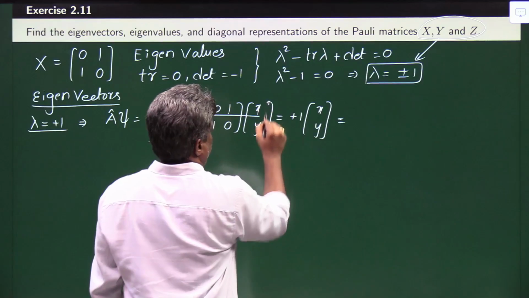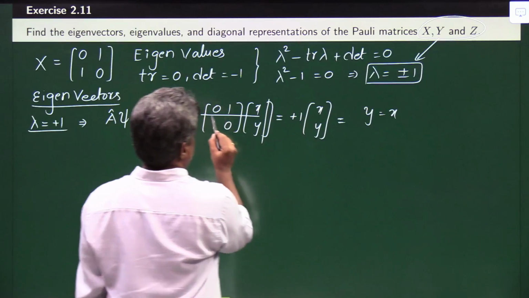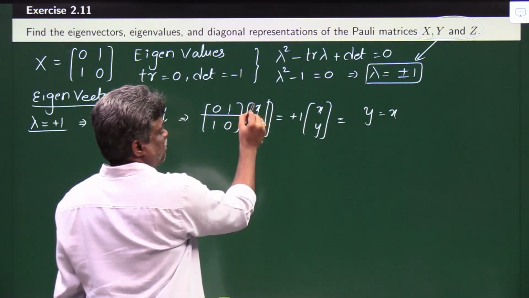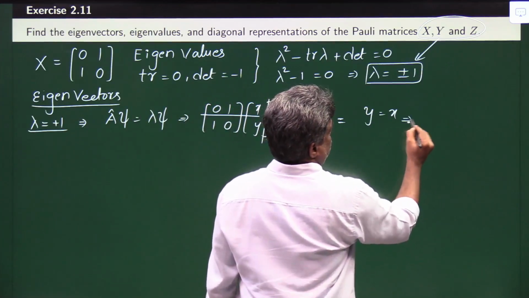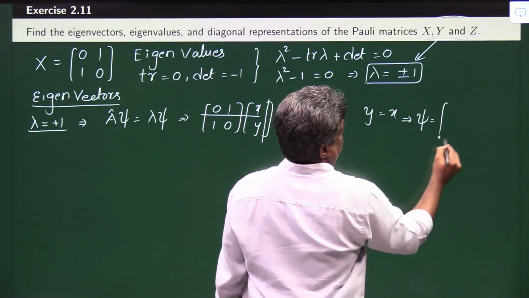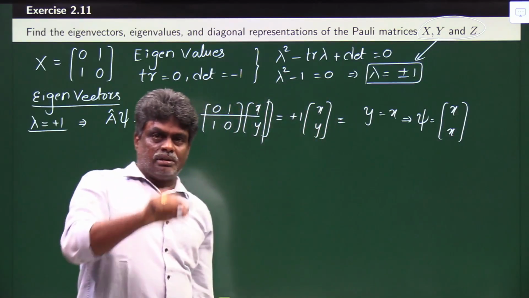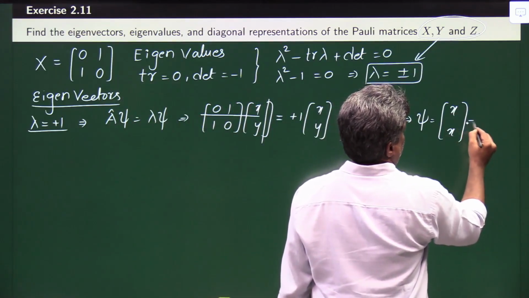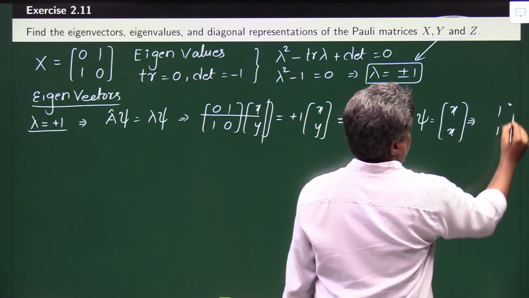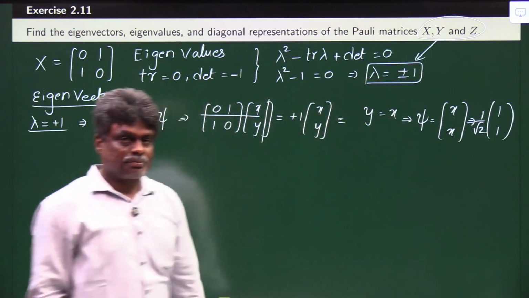Now here, row and column, so we got y equal to x. If you multiply, the first element gives y, so y is equal to x. This implies we can write the eigenvector (x, x), and we have to give the least integer, so we can give (1, 1), and the normalization constant is 1 over root 2.